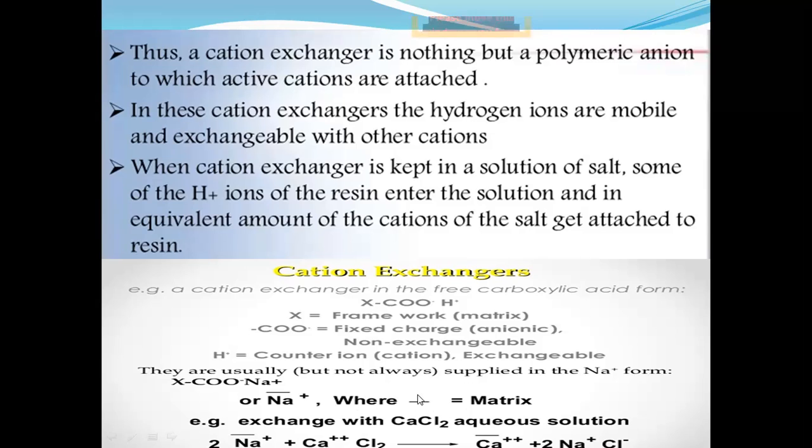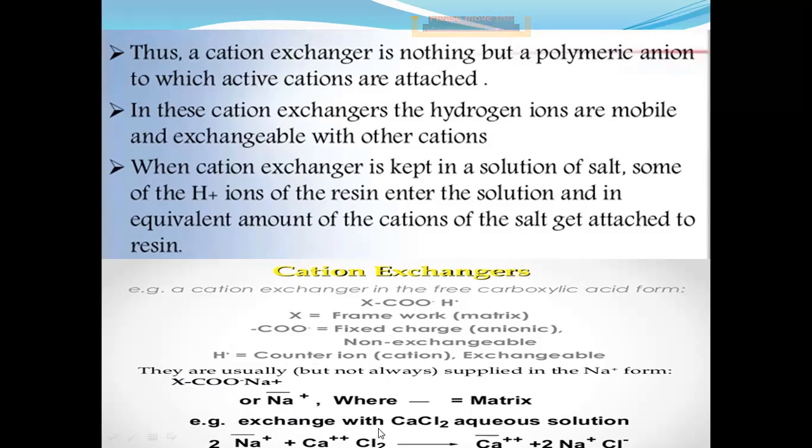This line is the matrix: up to the COO minus part is the matrix, and the Na plus is the exchangeable or counter ion. In short, it is represented like this.